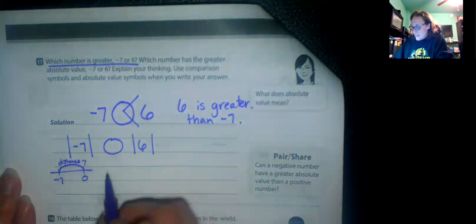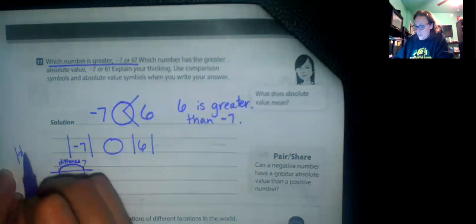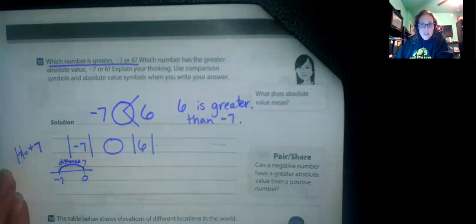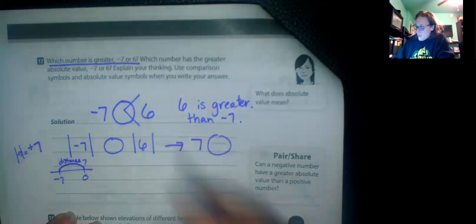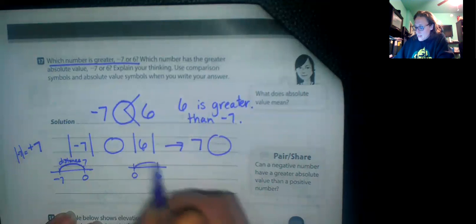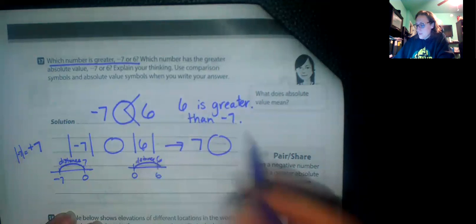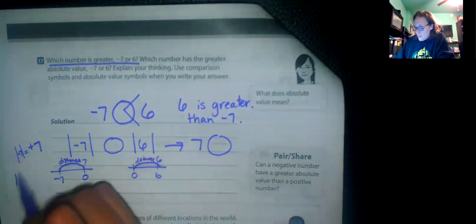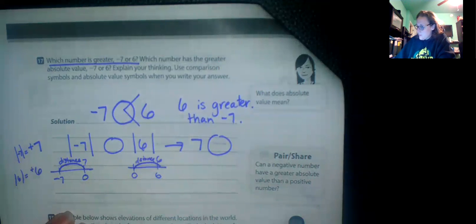So that means that the absolute value of -7 is +7. Distance can't be negative, okay? Then we have the absolute value of 6. So from 0 to 6, that distance is 6. So the absolute value of 6 is still +6 because distance is always positive.